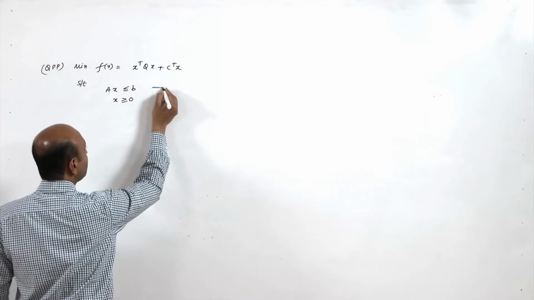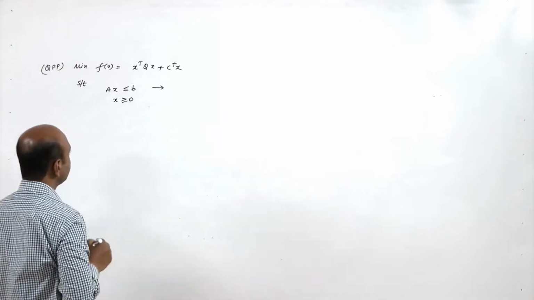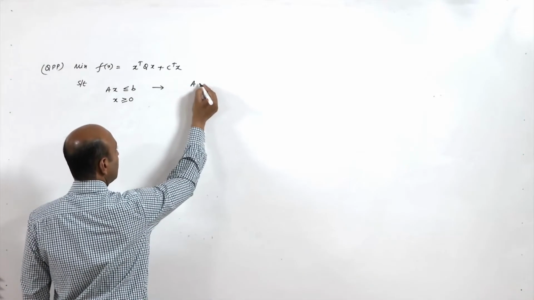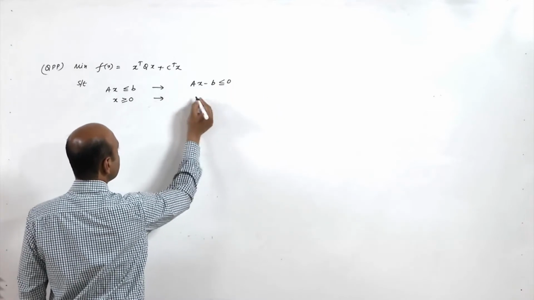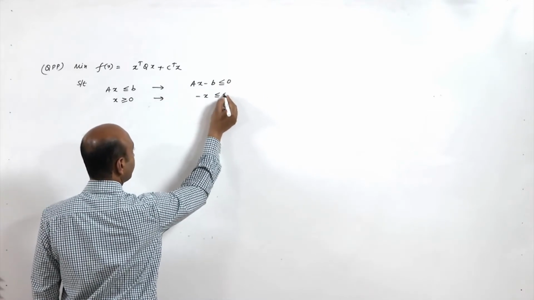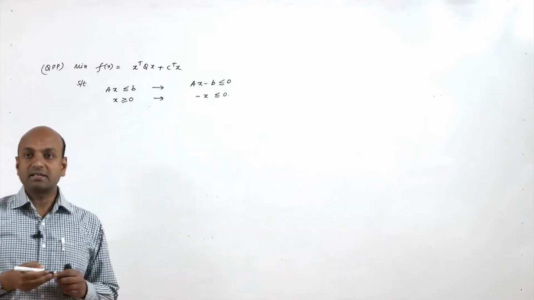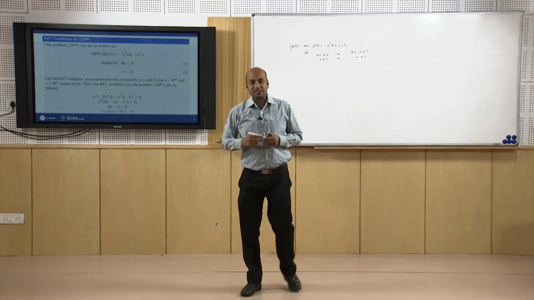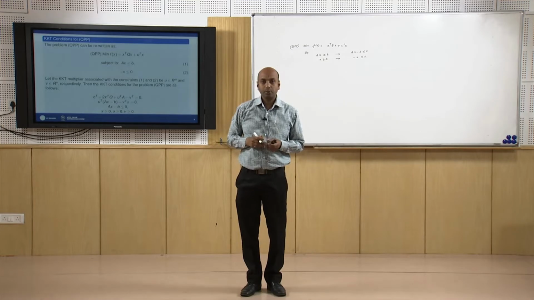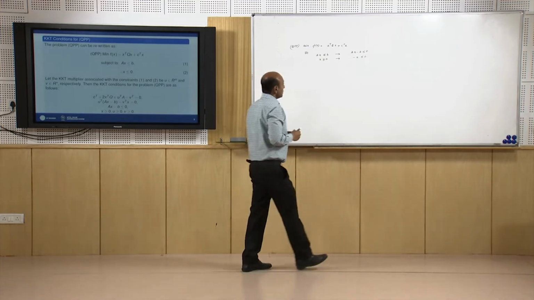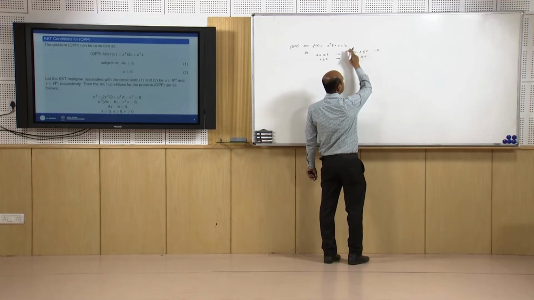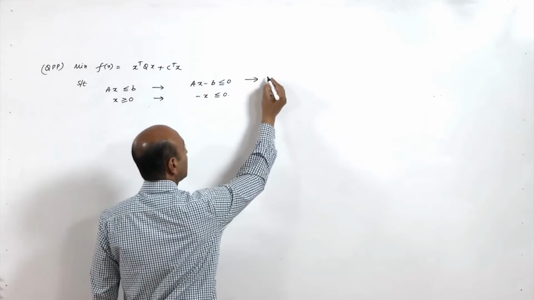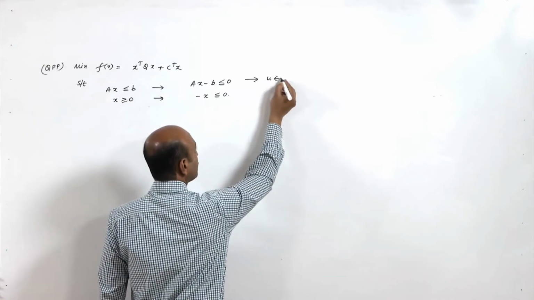Now, this constraint can be written as Ax minus b less than or equal to 0, and this constraint is minus x less than or equal to 0, because for KKT conditions all constraints must be of less than or equal to 0 type. Okay. Now, suppose we take multiplier corresponding to these constraints, say u, which belongs to R^m.